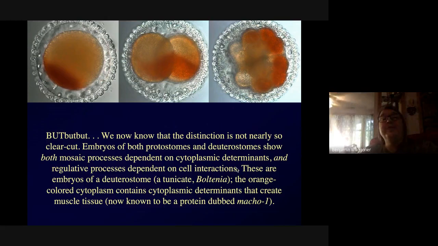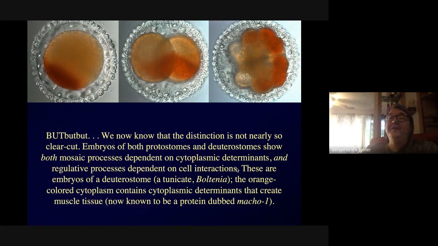These are embryos of a deuterostome, a type called a sea squirt, aka a tunicate, in the genus Boltenia. There's a lot of work on embryology that's been done on tunicates because tunicates have the interesting property that cytoplasmic determinants are sometimes colored.